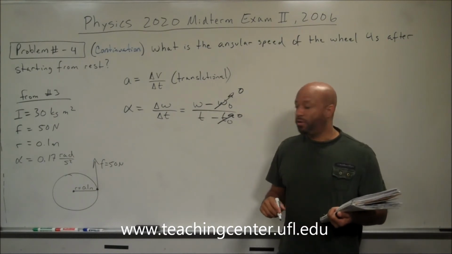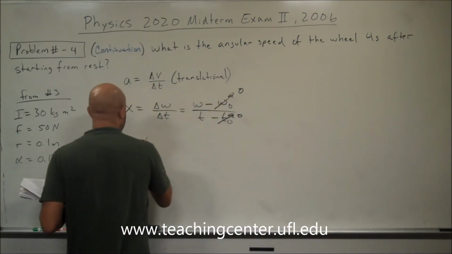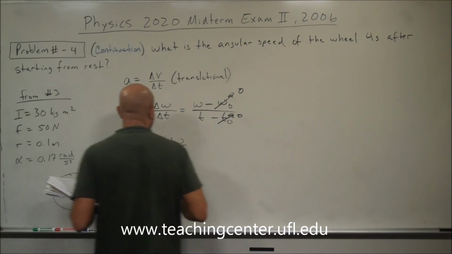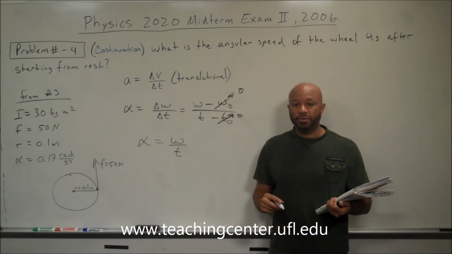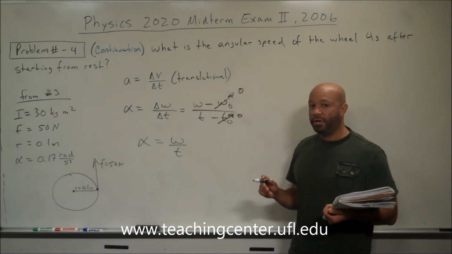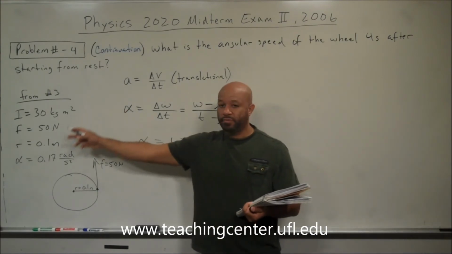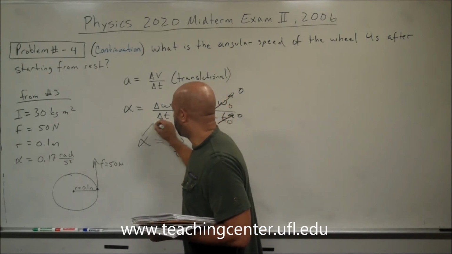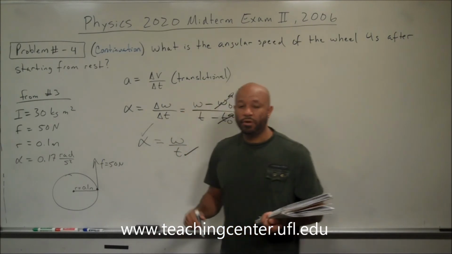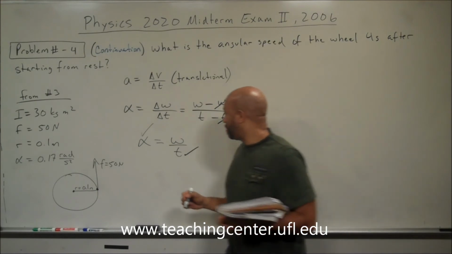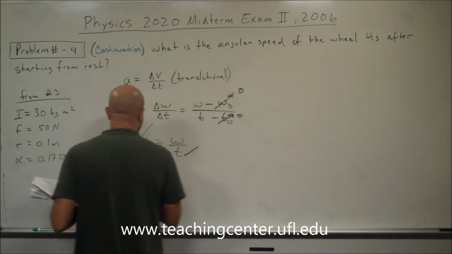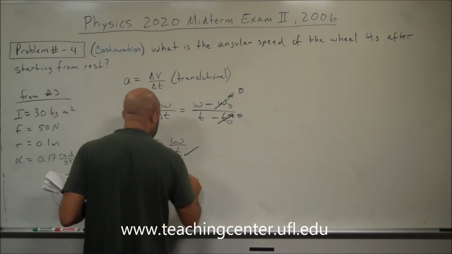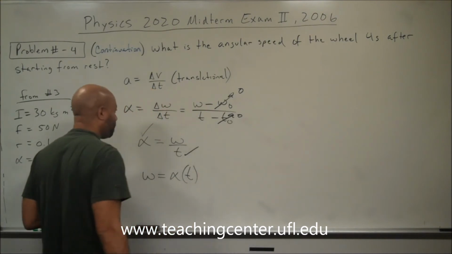So this equation reduces to just your final velocity divided by your time. In this equation, we know all the information. Using the information from problem number 3, we know the angular acceleration, and we know the time that's given in this problem. We can solve for the angular velocity. Rearranging this equation, angular velocity, or the speed, is equal to your acceleration multiplied by your time.